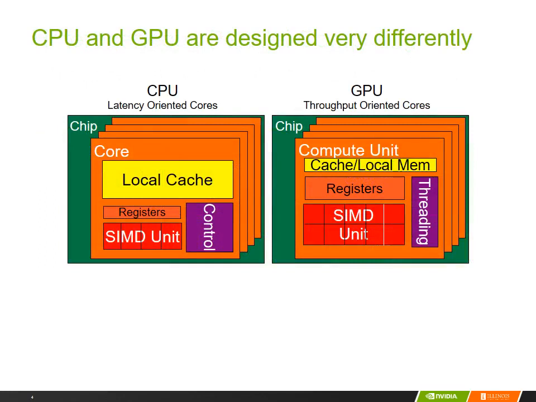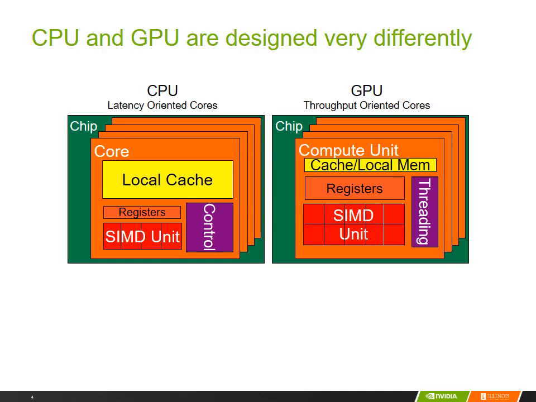So this slide shows that CPUs and GPUs are designed very differently. We're going to go over the details in the next few slides, but here we show pictorially what the major differences are so that students can build a mental model for these differences. The first obvious difference should be the cache memory.